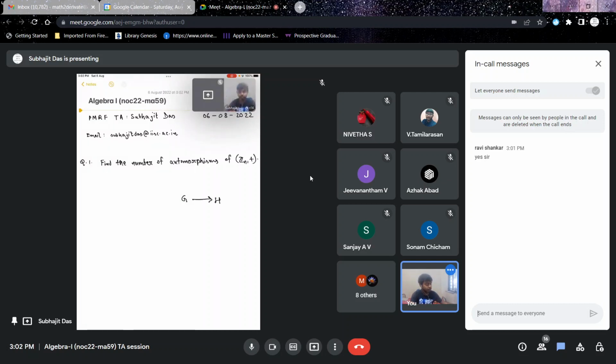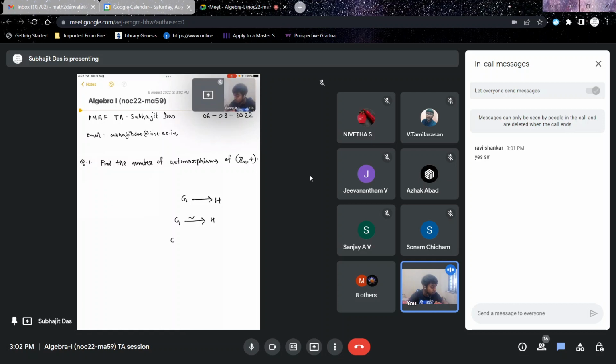You also know what an isomorphism of groups means. It's just a bijective homomorphism. So if you take a morphism of groups which is bijective, then you call it an isomorphism of groups. Now an automorphism of groups is an isomorphism whose domain and codomain are the same.